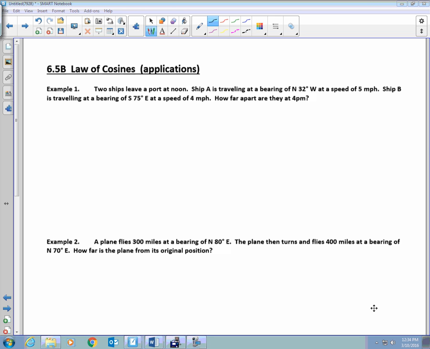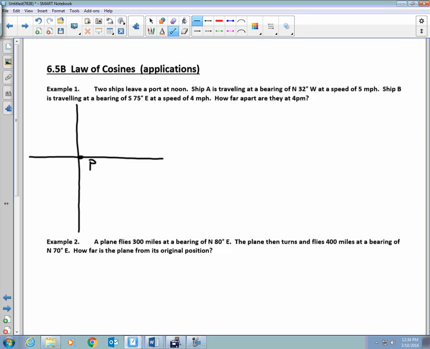So I'm going to say that they start at P for port. Draw a grid. So I see bearings here. I need to try to get kind of a compass idea of what's happening. So ship A travels at a bearing of north 32 degrees west.